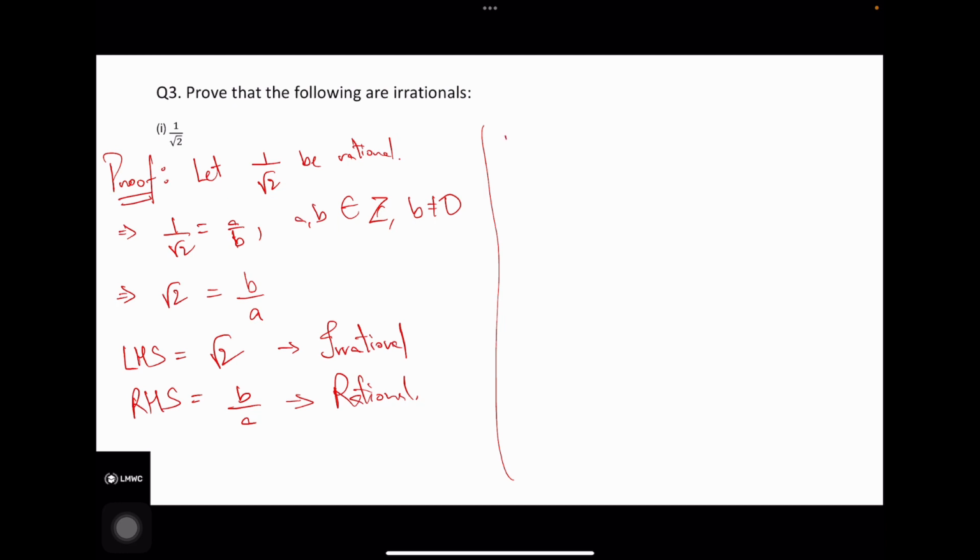So we have a contradiction, and this contradiction arose due to our incorrect assumption.